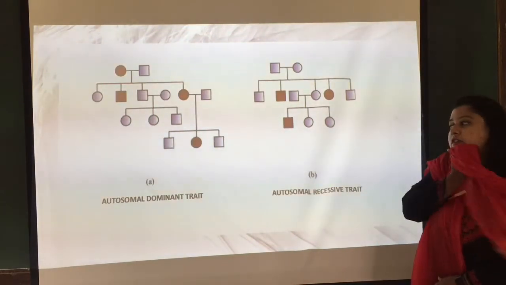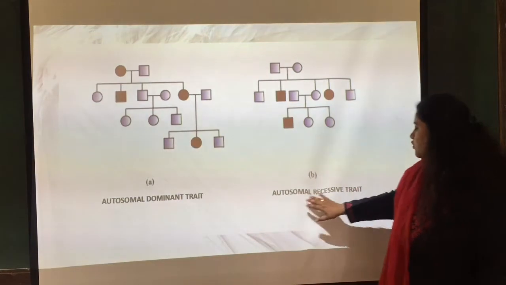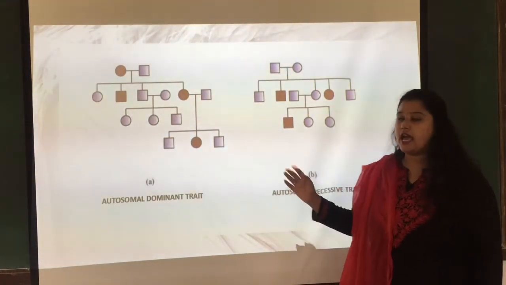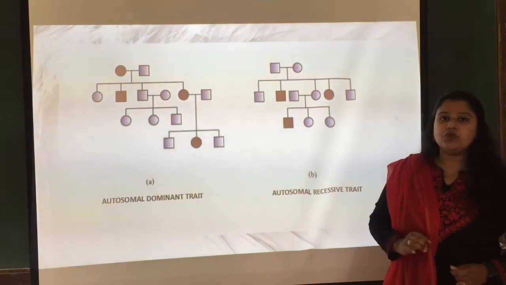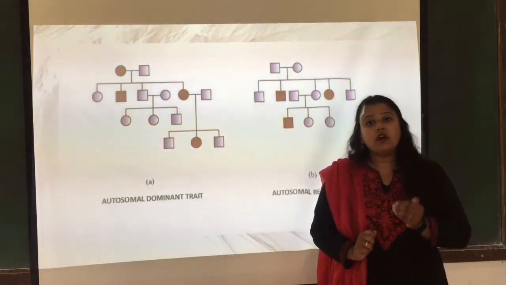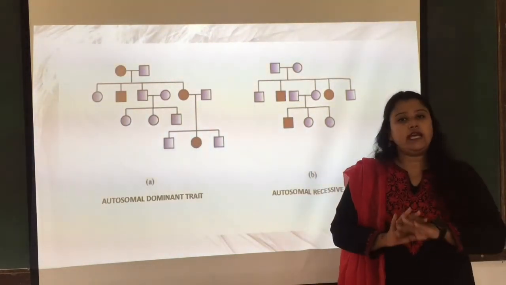Okay. Now I have written here autosomal dominant trait and autosomal recessive trait. So before going to these diagrams, first we need to understand dominant and recessive. Dominant means the one which is expressed, and recessive means it is not expressed.